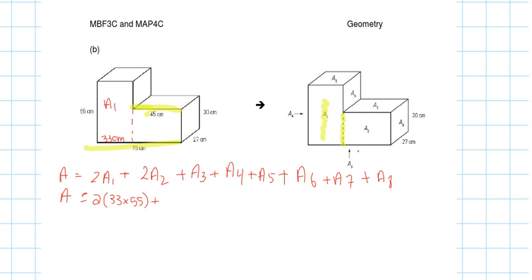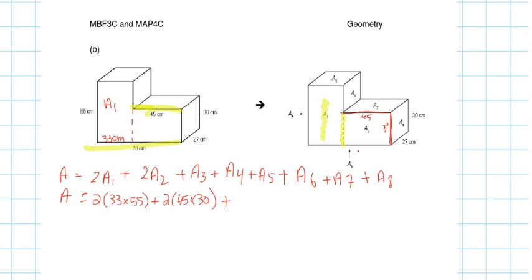How about A2? What is A2 made of? What's the width? 45. And what's my height? 30. So I have 2 times 45 times 30. How about A3? A3 is the bottom one.